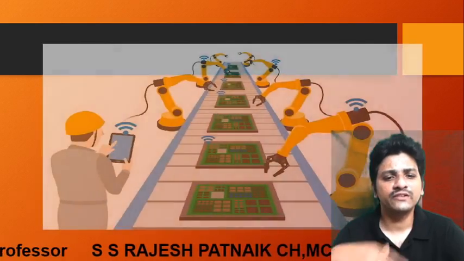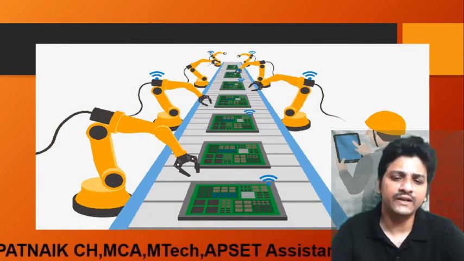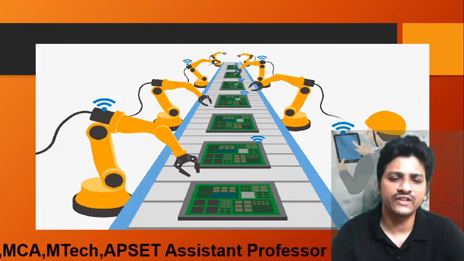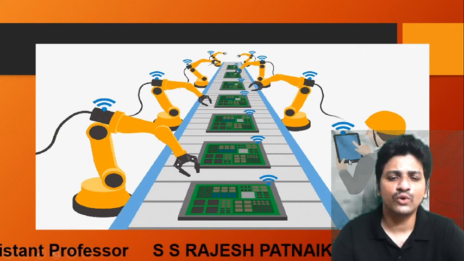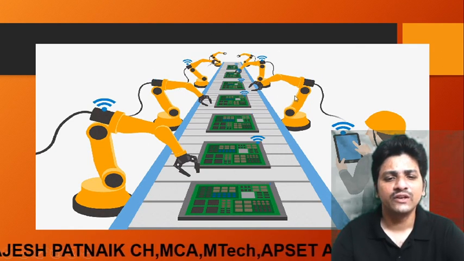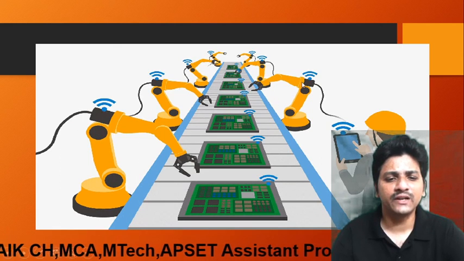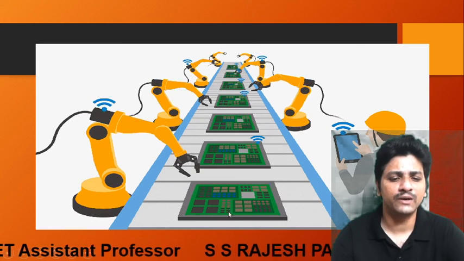Okay, so next I already showed you a figure where a particular person standing here is going to be controlling things using a smart application, using a wireless communication technology. Every robot here is manufacturing some motherboards.